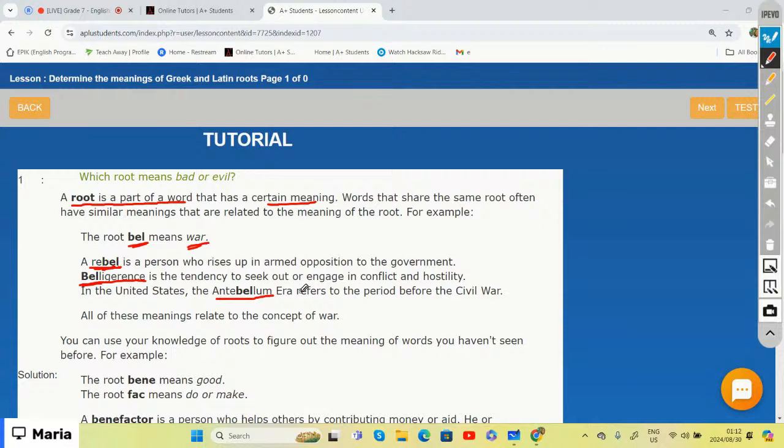Here we have an example of that: all three words have meanings related to war, aggression, or conflict.